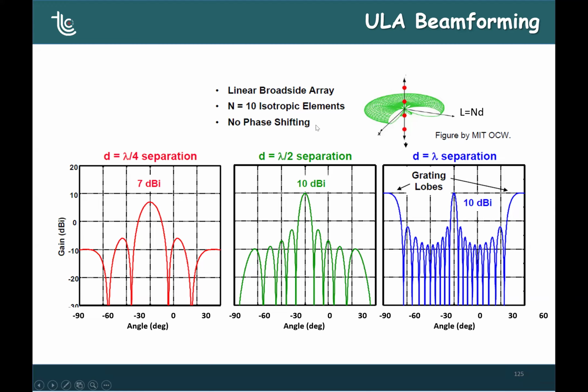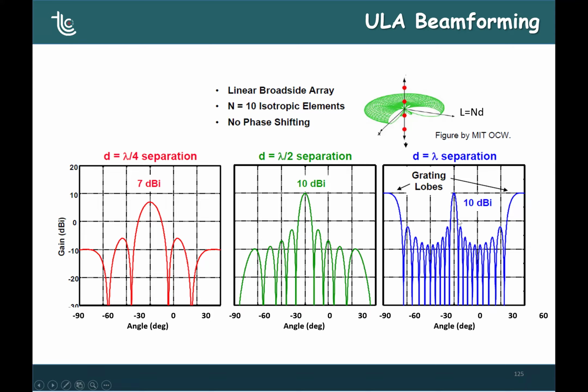Without going into many details, otherwise we would need separate multi-hour lectures on array processing, let's say that d equal to lambda divided by 2, so half wavelength, is the ideal distance in a uniform linear array to get the maximum gain of the antenna and the better resolution. You see that here the main beam is much larger than this one.